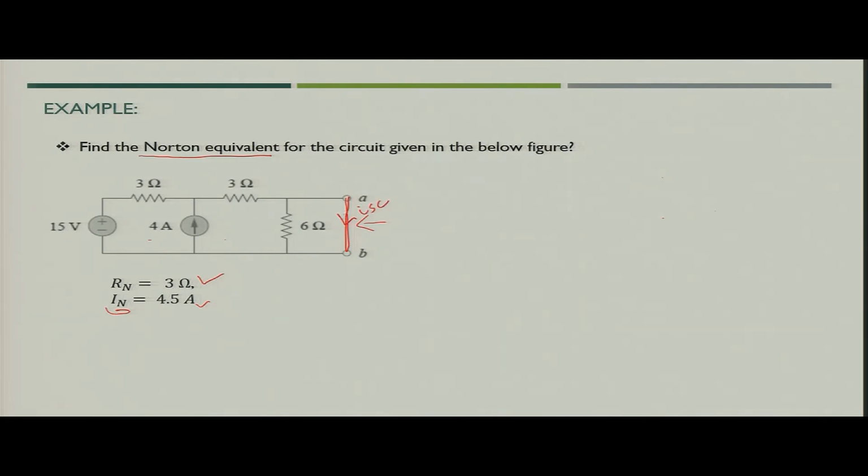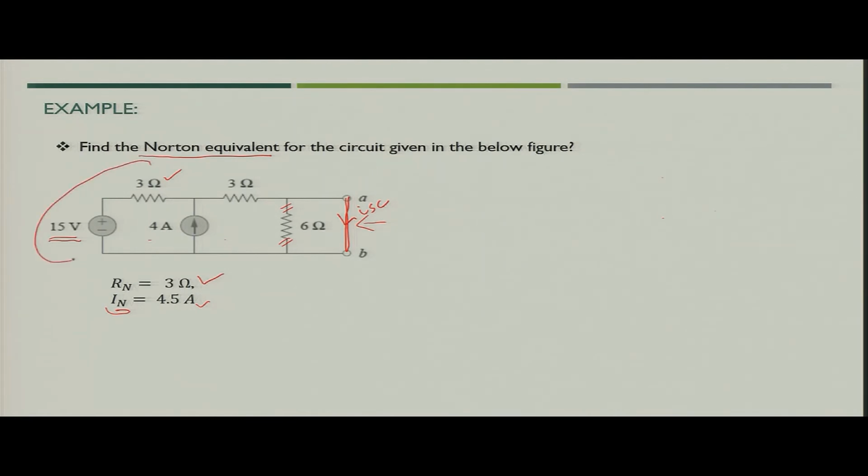Now, when you have this terminal AB short circuited, the 6 ohm resistance will become irrelevant. So, you have just simply the 4 ampere current source, 3 ohm resistance, short circuit, and this 15 volt voltage source in series with 3 ohm resistance.